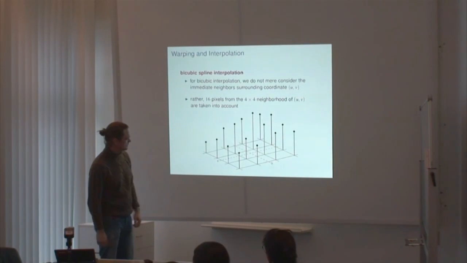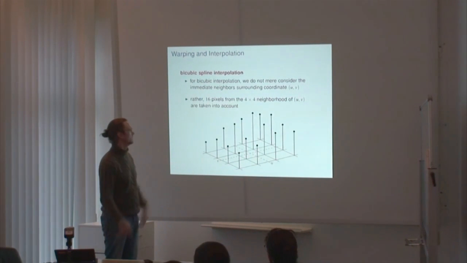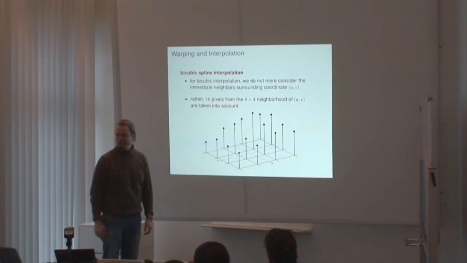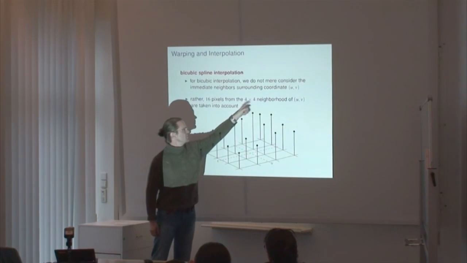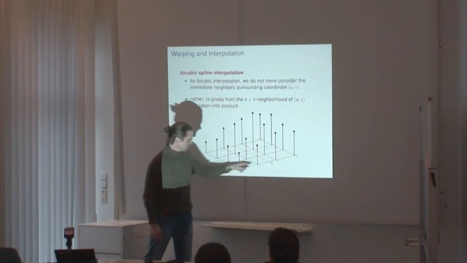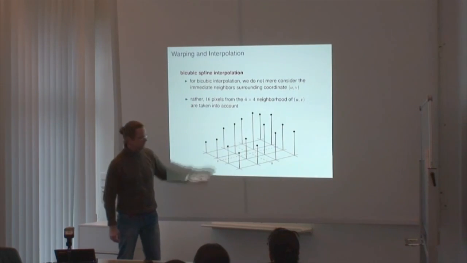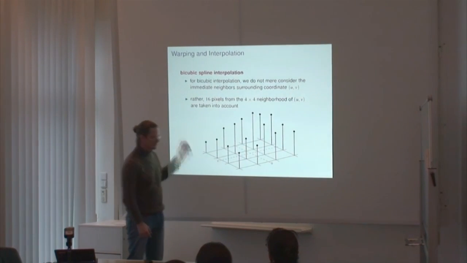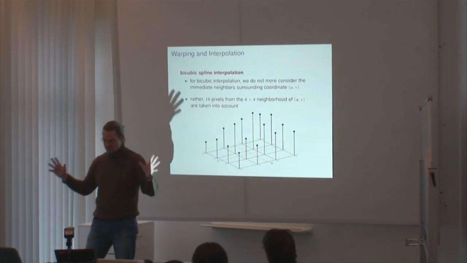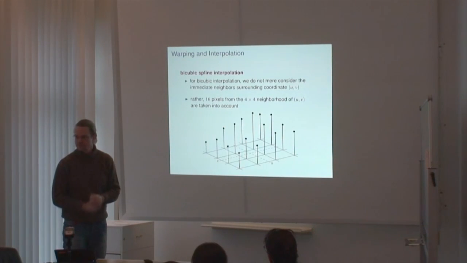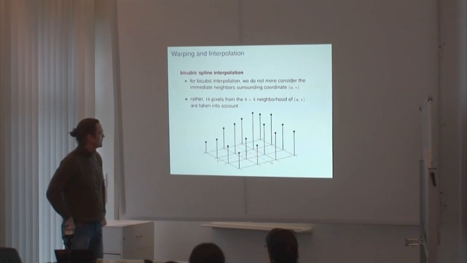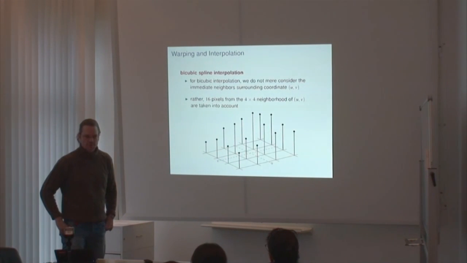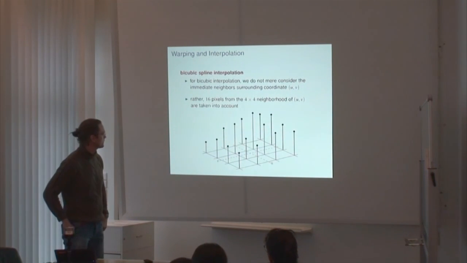In particular, I guess most software does it like this, a 4 by 4 neighborhood, so we have the four closest coordinates in u and v direction. This is sort of the standard case, but other people may consider larger or smaller neighborhoods. But let's go for 4 by 4.